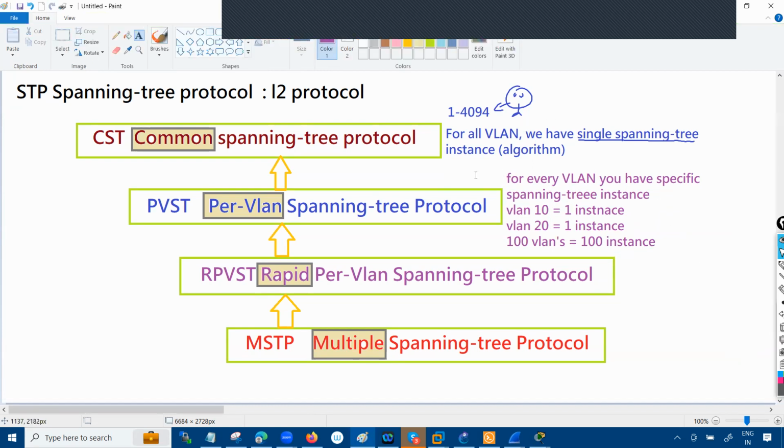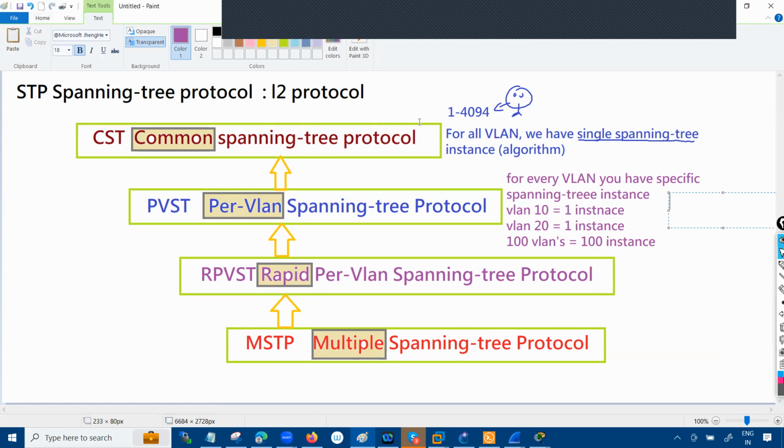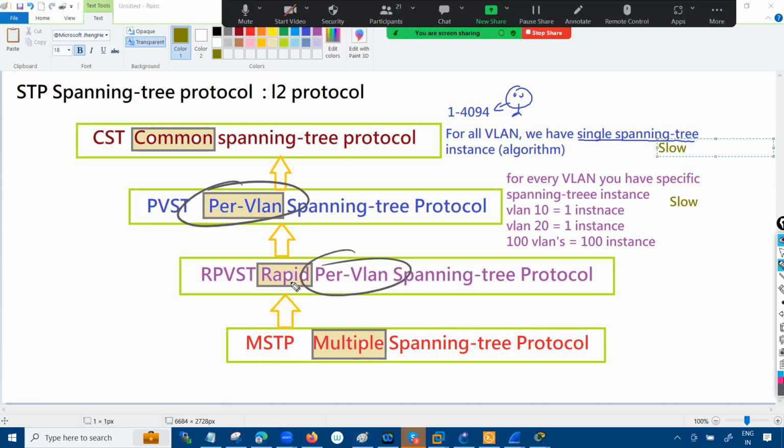But the problem of this guy is what? It's slow. I'll take a different color for the problem. So the problem is it's slow. This is also slow. Same issue. If you see the name, it's still per VLAN. The only difference is that it's rapid.